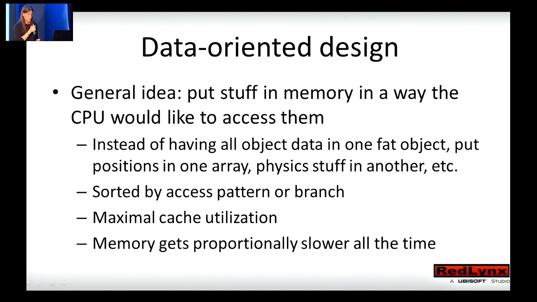And hopefully we would be able to put this kind of component data in contiguous array buffers so that the CPU would be able to utilize its memory bandwidth efficiently.